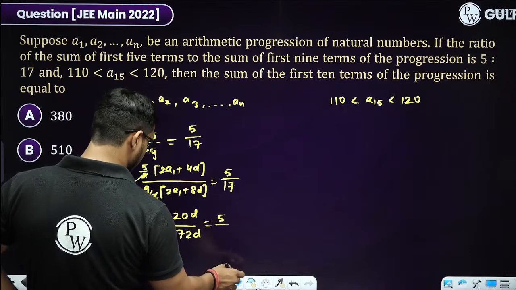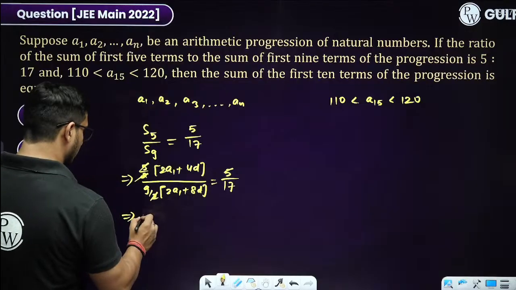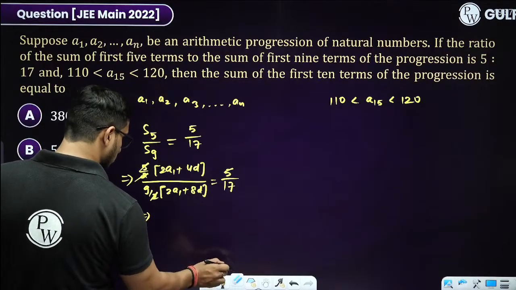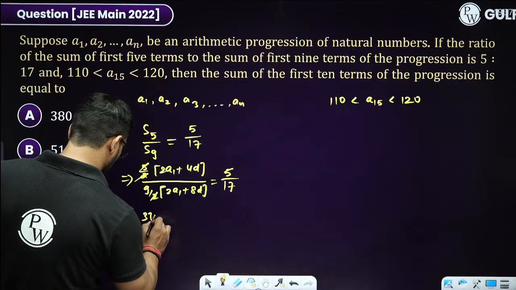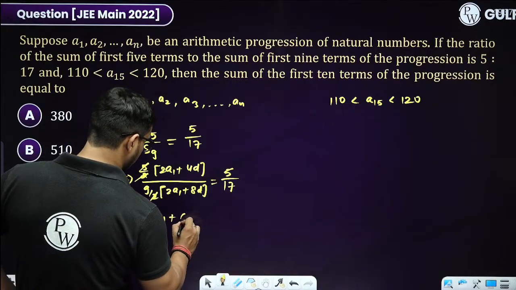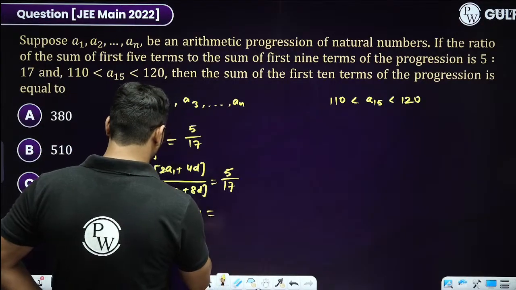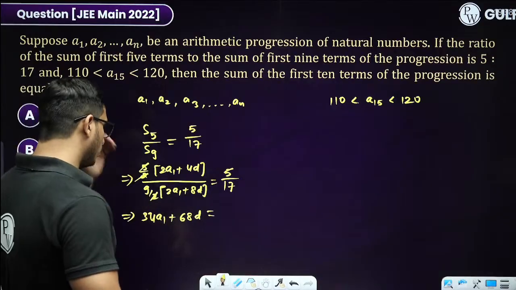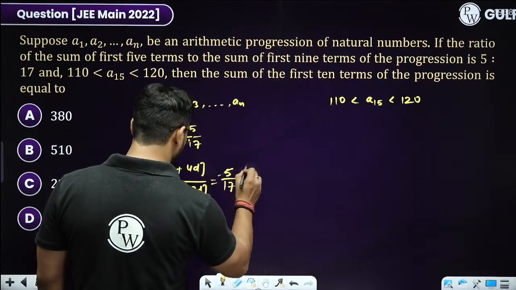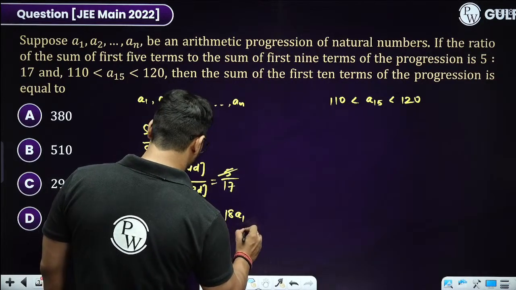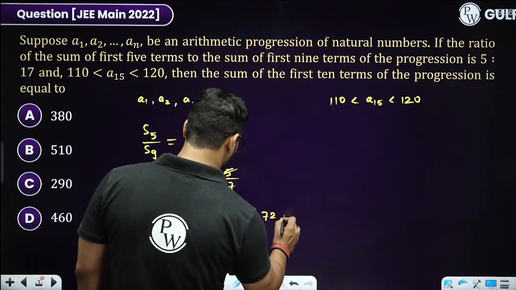Then should I just cancel? I think we should cancel. 5 and 5 gone. Do the cross multiplication. Cross multiplication: 34A1 plus 68D. Then we have 9 2s are 18, 18 into A1 and 72D. Is it correct?